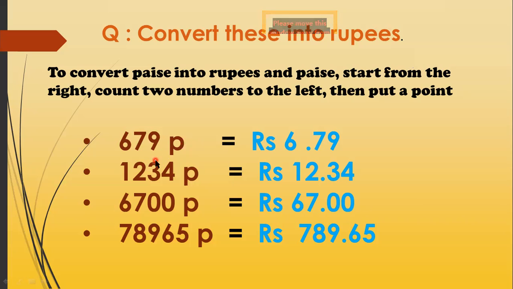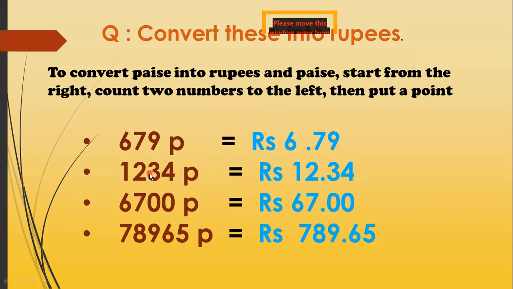Now, come to example number 2. 1,234 paisa. So what you will do? You will start from the right-hand side and count two numbers to the left, 1, 2.